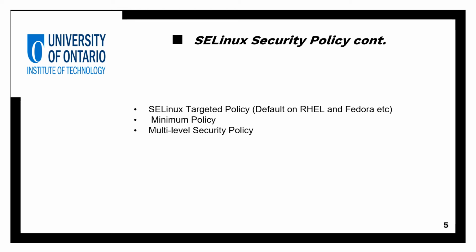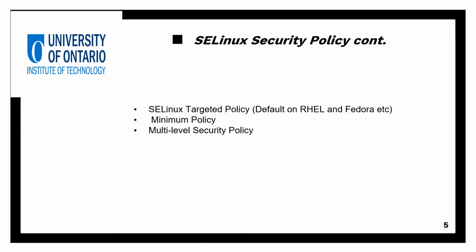The last policy is the multi-level security policy, which is also an implementation of the mandatory access control system. It is supported by SELinux using the MLS policy in the Red Hat Enterprise Linux operating system and the Fedora Linux distribution. It uses the Bell-LaPadula model, which is the standard model of MLS policy.